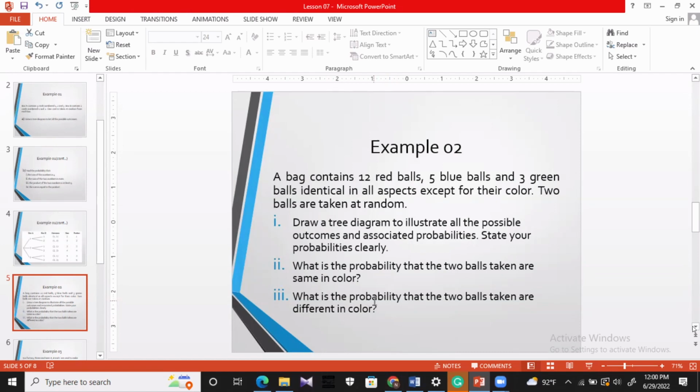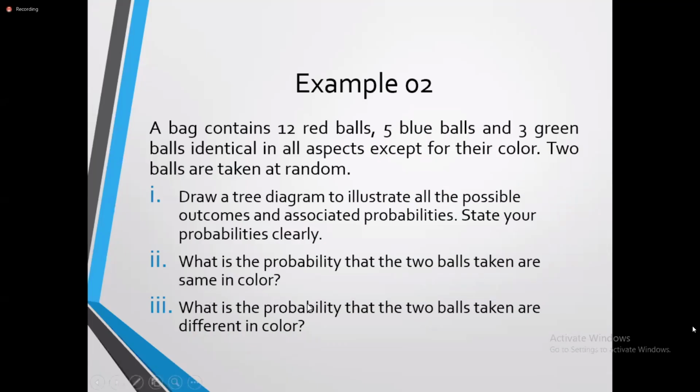Again, we have another question. What is the probability that the two balls taken are different in color? There we have to find the pairs in which the colors of those balls are different, right? So how can we find that probability? There are two methods to find this probability.